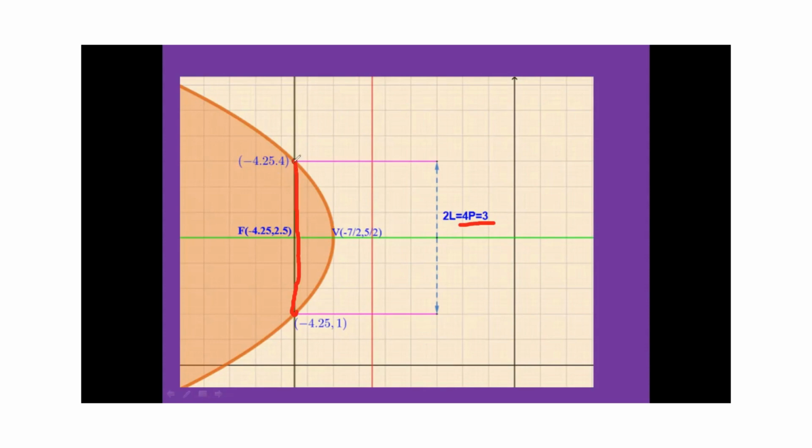This is the total length of the latus rectum. The total length of the latus rectum equals 4p, and the vertex of this parabola is minus 7 over 2 and 5 over 2, and the focus is minus 4.25 and 2.5. The second coordinate is constant because the parabola opens to the left.